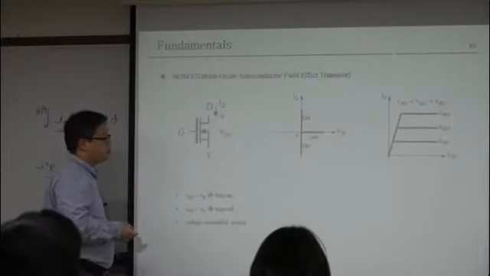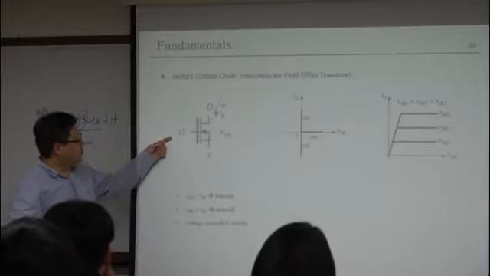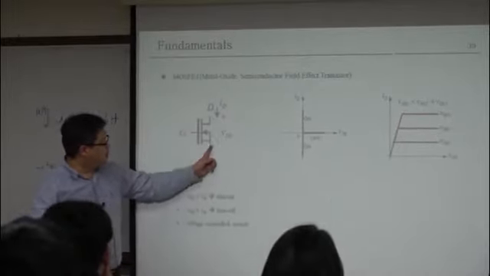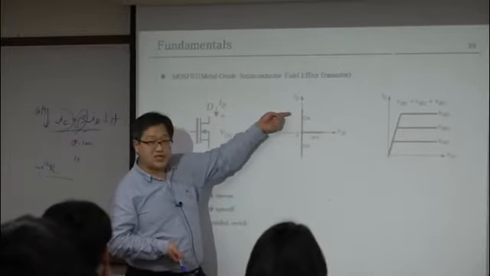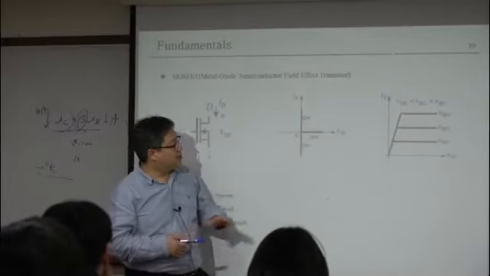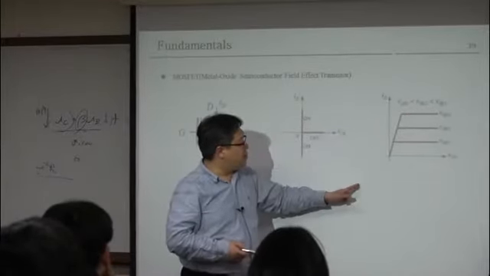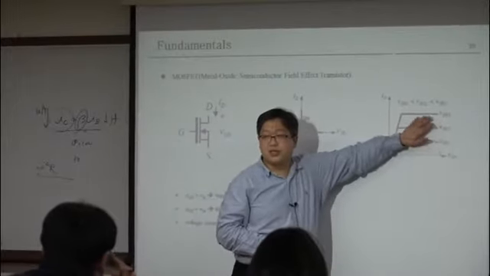And previously, I told you, if you turn on the gate, you can flow the reverse current. So you have current in both directions. And the drain current level is also adjusted by VGS.